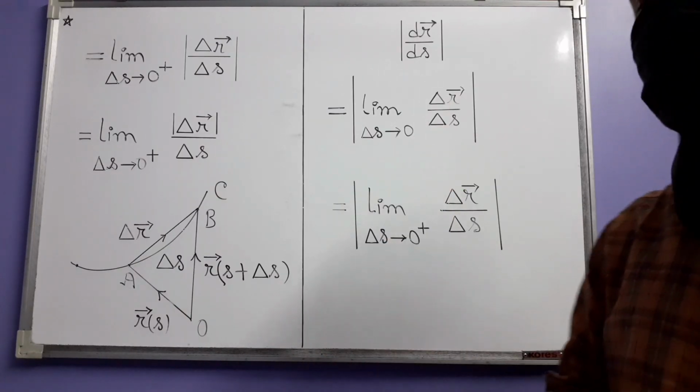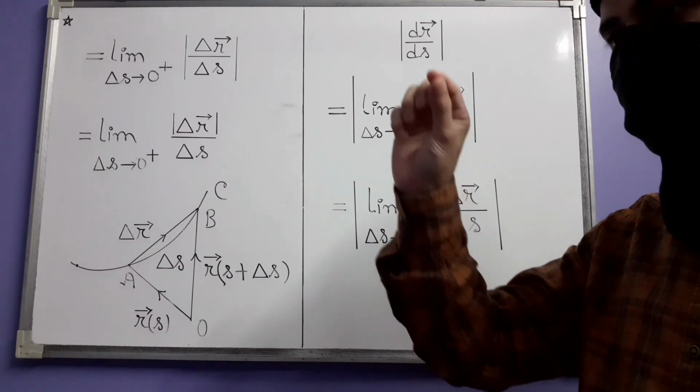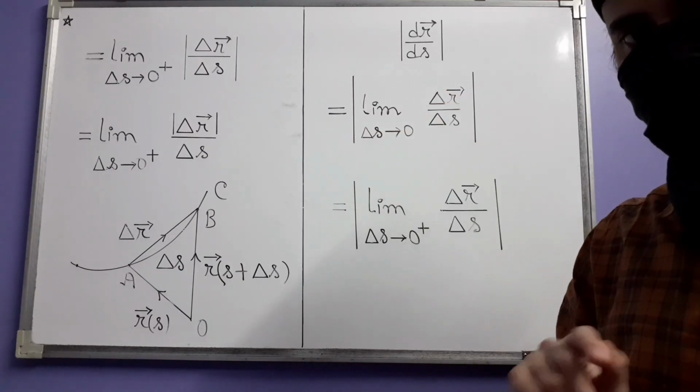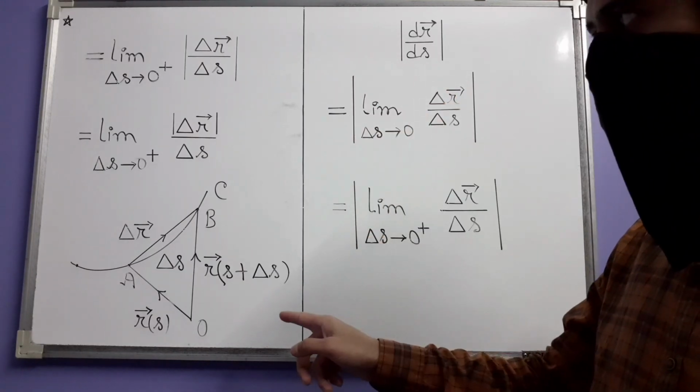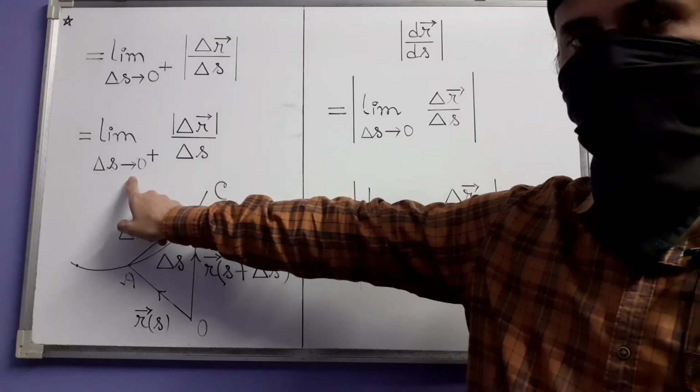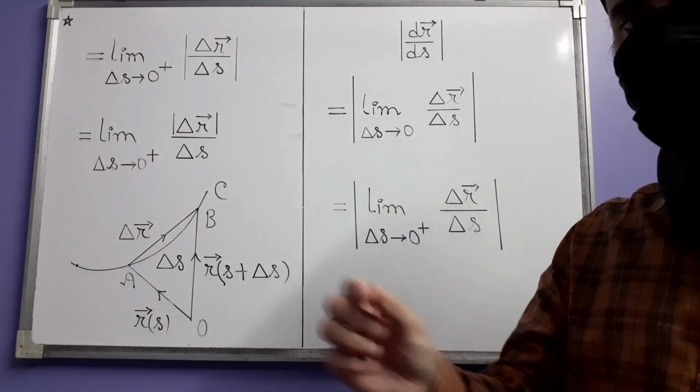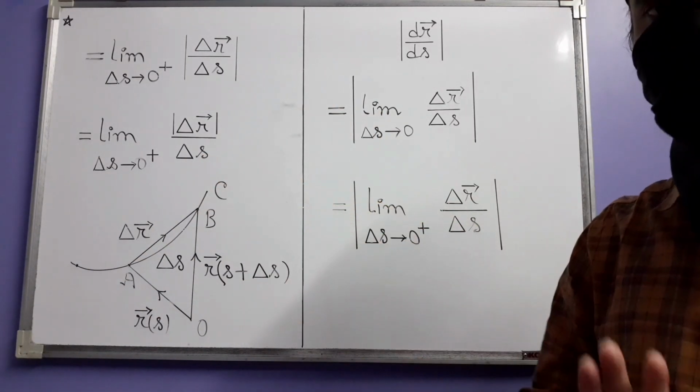In this case, that scalar is 1 divided by delta s, because delta s is positive due to us considering the right hand limit. So the absolute value of 1 divided by delta s is just 1 divided by delta s.